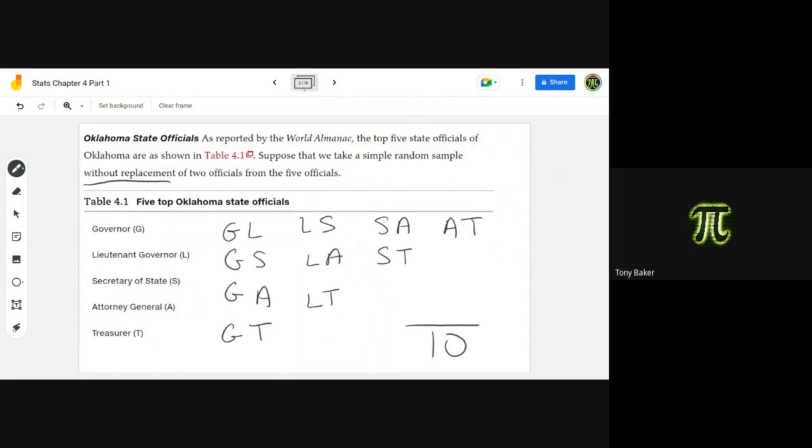So the probability that the treasurer would be chosen is 0.4 or 40%. So 4 out of 10, 0.4 or 40%. Those all mean the exact same thing.